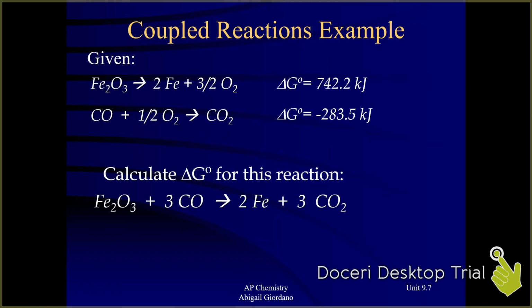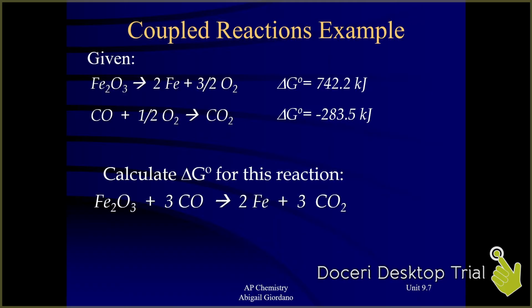I also want you to notice that these two reactions have an intermediate in common. Oxygen is produced in the first reaction and is consumed as a reactant in the second one. So this looks like a good situation for coupling. The question says, calculate delta G for this reaction. We have done this before. This is a Hess's law situation.